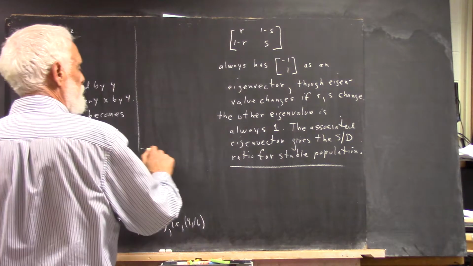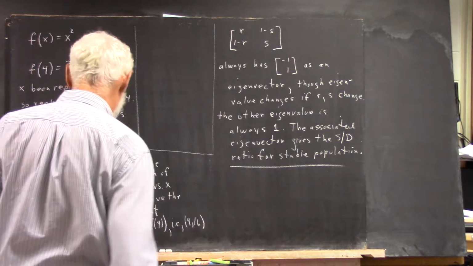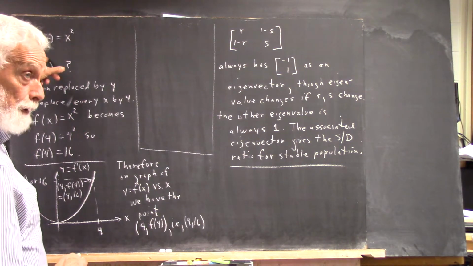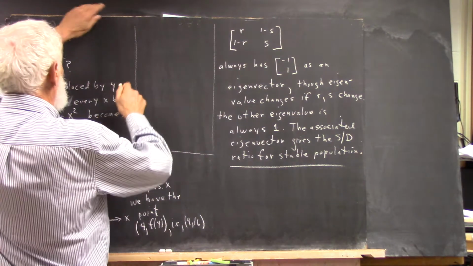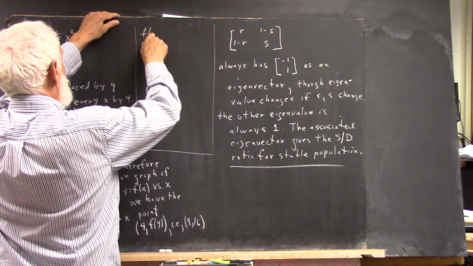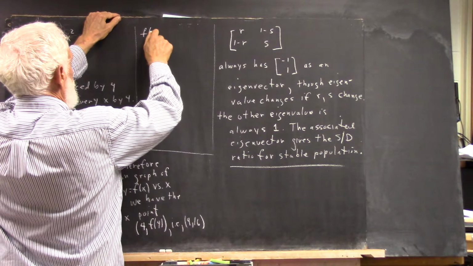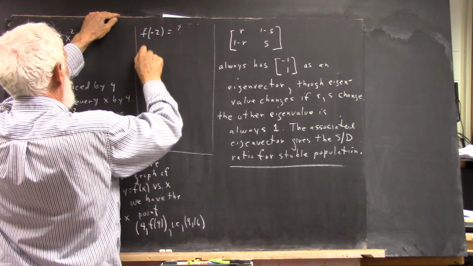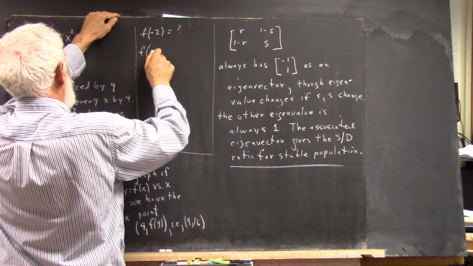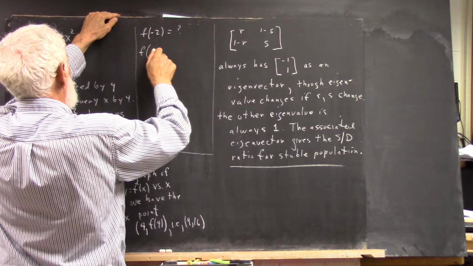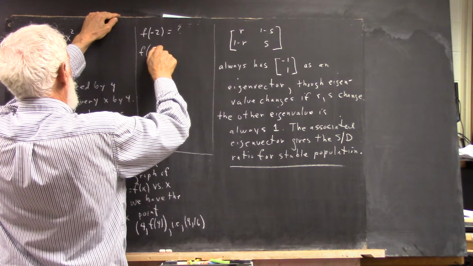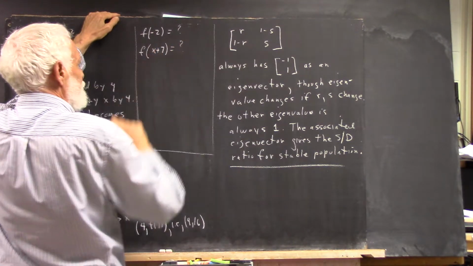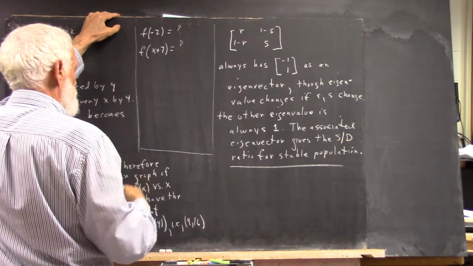Okay, well, now I'm going to ask you to write out a couple of things for this function. I'm going to ask you to write out f of -2, f of x plus 7, which might make you do a little bit of thinking.